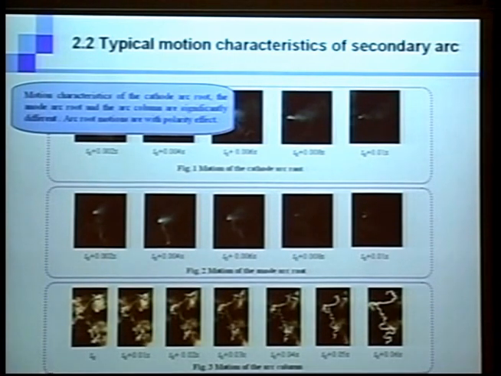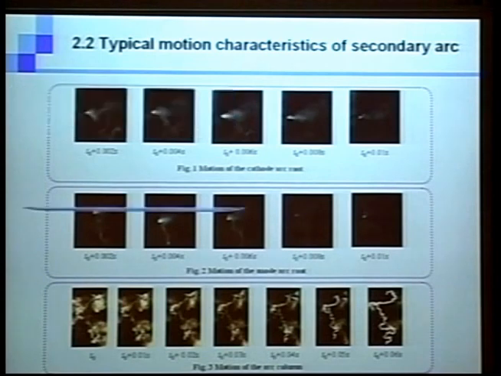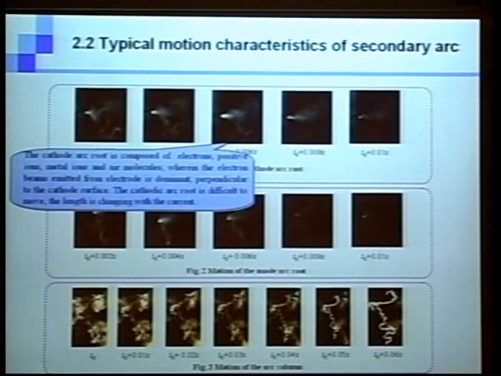Arc root motions are with polarity effect. The cathode arc root is composed of electrons, positive ions, metal ions, and ion molecules, wherein the electron beams emitted from the electrode are dominant, perpendicular to the cathode surface. The cathode arc root is difficult to move.